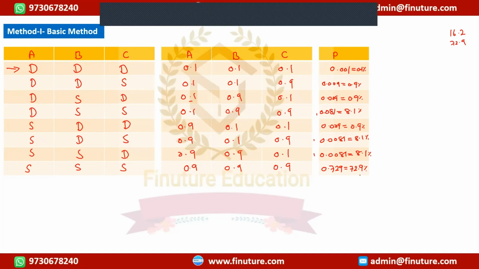72.9 we have already here, and 0.9% into 3. So 0.9 into 3, that is 2.7%. So 2.7 plus 72.9 plus 16.2.